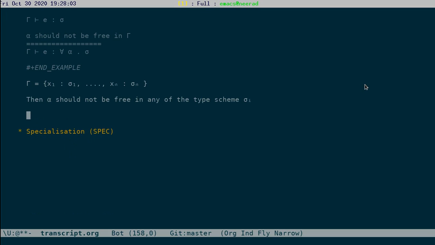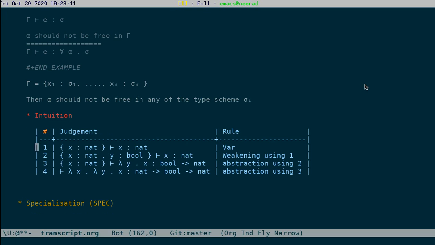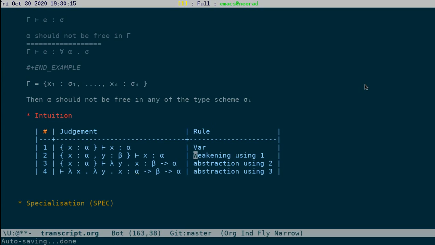Let us look at the intuition behind the generalization proof by revisiting a proof that we did in the simply typed lambda calculus case. The proof that we did was to prove that the function lambda x lambda y dot x has type nat arrow bool arrow nat. The same proof with nat being replaced by alpha and beta looks like this, and it is a valid proof in the Hindley Milner type system.